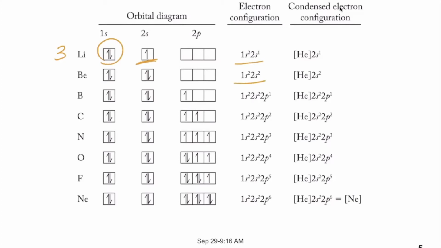So now we're going a little deeper and we're going into the p orbitals with boron. So we have 1s2, 2s2, and then we have 2p1. Carbon, we add another one, 1s2, 2s2, 2p2. Nitrogen, 1s2, 2s2, 2p3, shown right here.